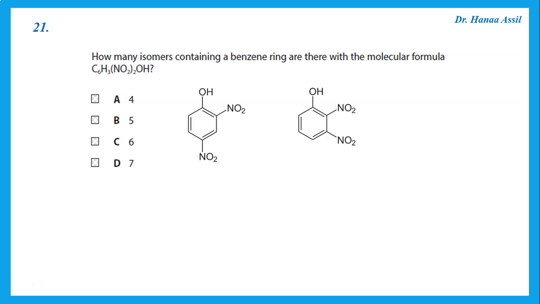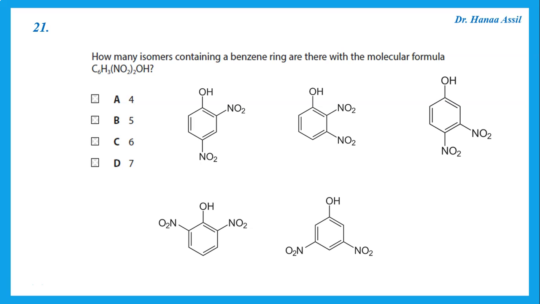So here these are 2,3-dinitro, or 3,4-dinitro, or 2,6-dinitro, or 3,5-dinitro. So these are all the possible ways that you can put 2 nitros and 1 OH on a benzene ring. So I have 6 possible isomers.